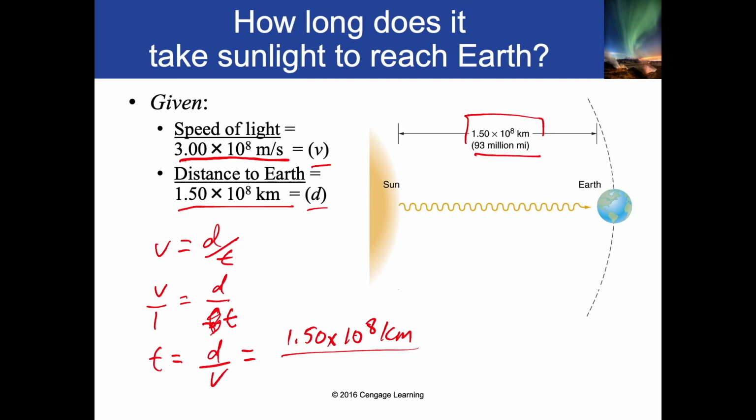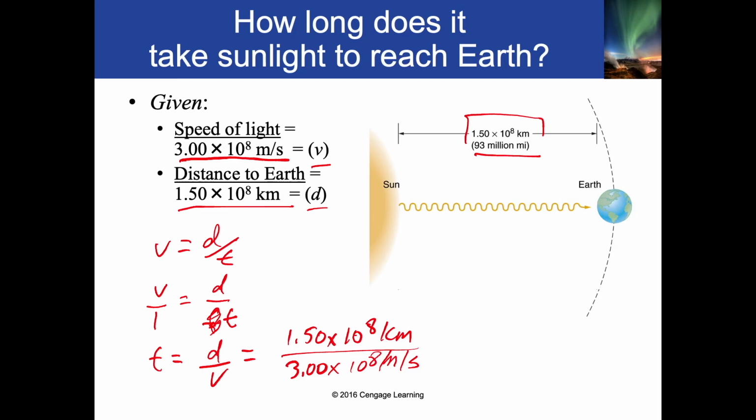divided by the velocity, which is 3.00 times 10 to the 8th meters per second, right? Meters per second. Let's do the calculation real quick. I brought a calculator with me. Oh, there it is.